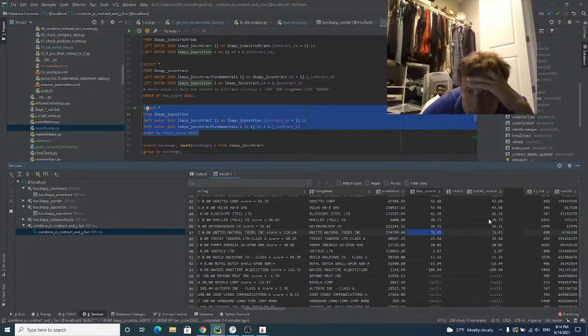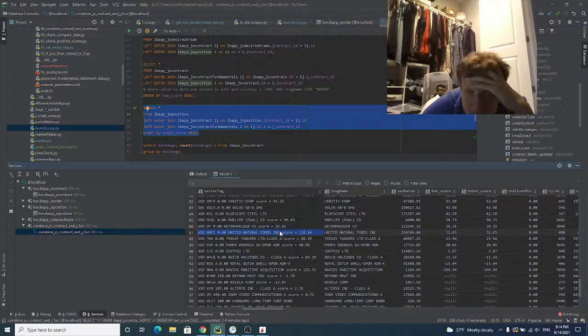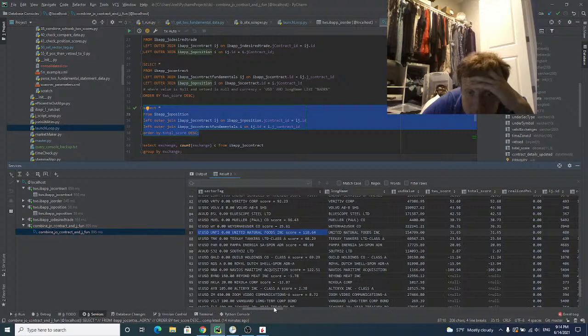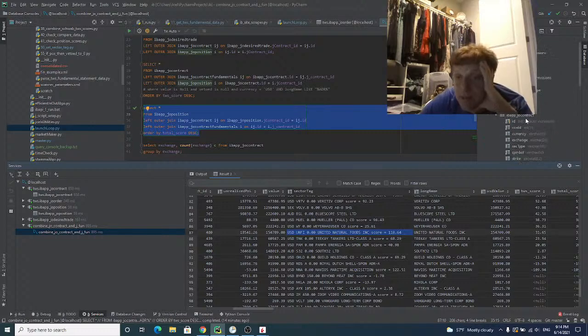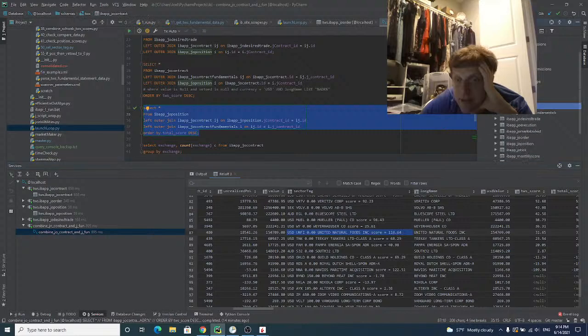And now we can compare. Okay, total score. United Natural Foods. So we're going to go look at our Schwab table. Let's see if Schwab yelled in disagreement and said, do not buy this.